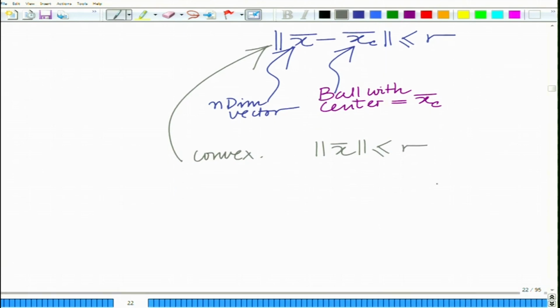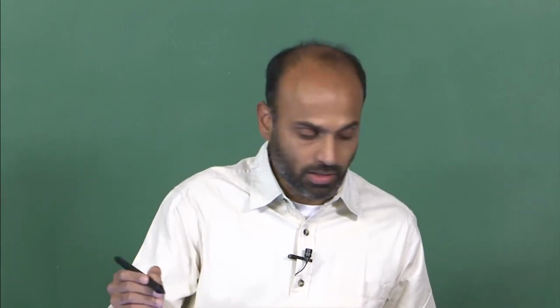Remember, if the ball with center at origin is convex, then naturally if you shift it to any center x c bar, it is also going to be convex, because shifting does not affect the convexity. Alright. So, if norm x bar less than equal to r is convex, then norm x bar minus x c bar less than equal to r is also convex, because translation does not affect the convexity of the region, or the set.